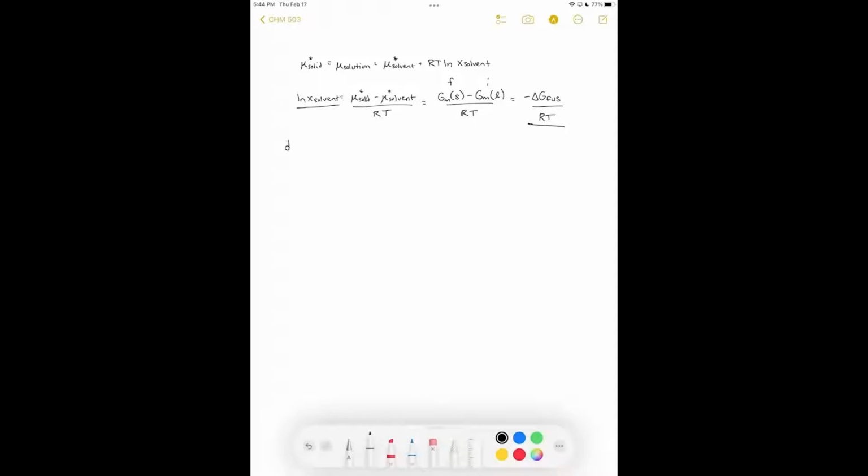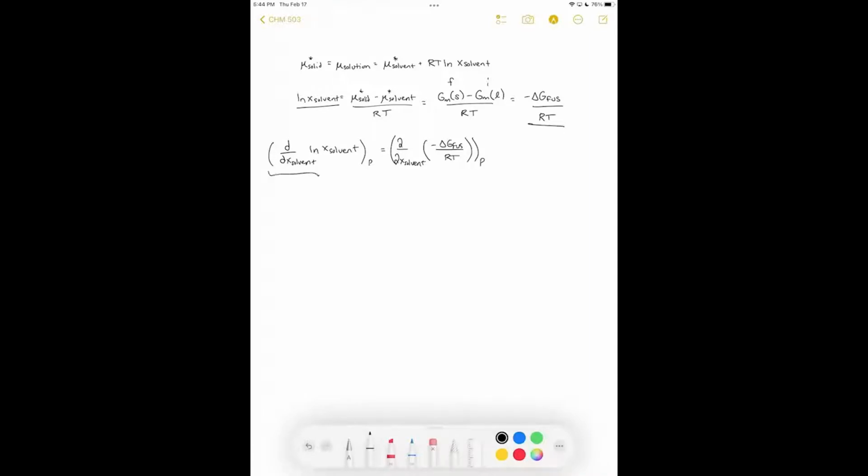So that will give us d dx solvent of the natural log of X solvent at constant pressure is equal to the partial derivative with respect to the mole fraction of the solvent of now negative delta G fusion over RT at constant pressure.